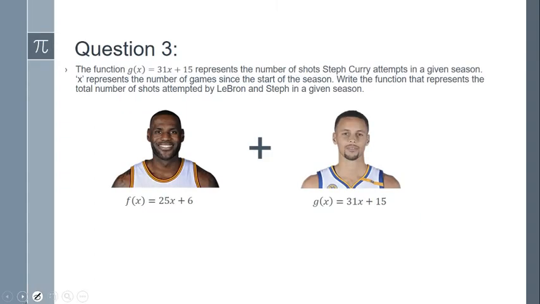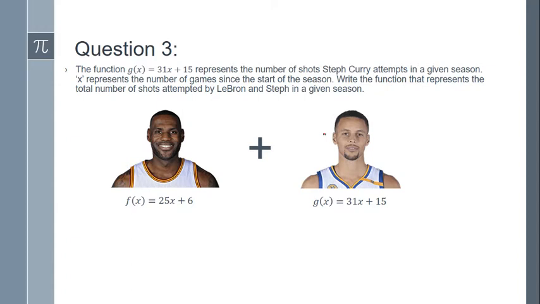The function g of x equals 31x plus 15 now represents the number of shots Steph Curry attempts in a given season. Again, x is representing the number of games since the start of the season. We're going to write the function that represents the total number of shots attempted by LeBron and Steph in a given season.